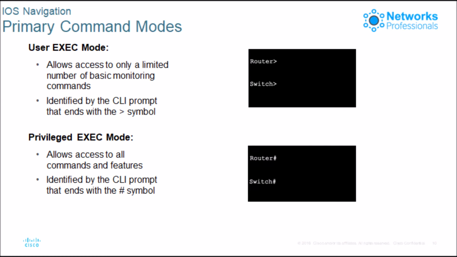Most commonly, we use this mode for troubleshooting, as all show commands can be run in this mode. Moreover, higher configuration modes such as global configuration mode can be reached only from privileged exec mode. Privileged exec mode can be identified by the prompt ending with the hash symbol.